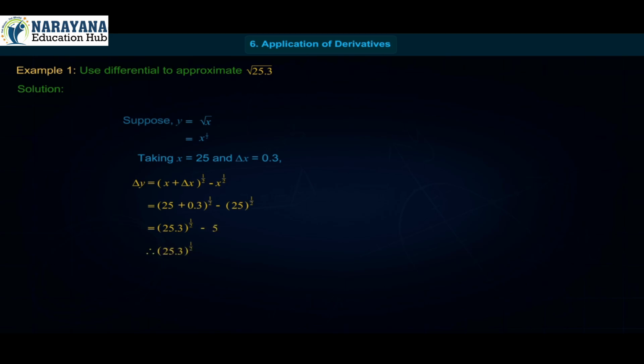Therefore, 25.3 raised to 1/2 is equal to delta y plus 5. Now, dy is approximately equal to delta y.